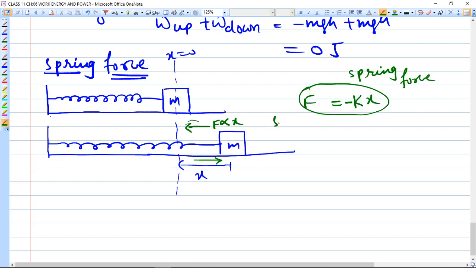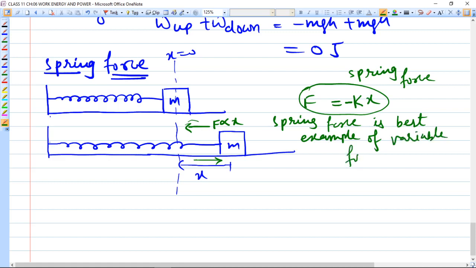Spring force is the best example of variable force. Which type of force? Variable force.